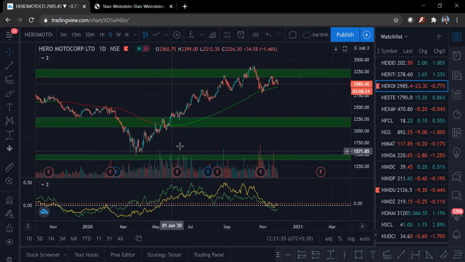So with all these confirmations, we can clearly enter here with this as our stop loss. We can either mark our levels using our tool and book, or we can stay in the trend till near the immediate resistance. Whichever way you're comfortable with, whatever type of trader you are, you can do it your way.